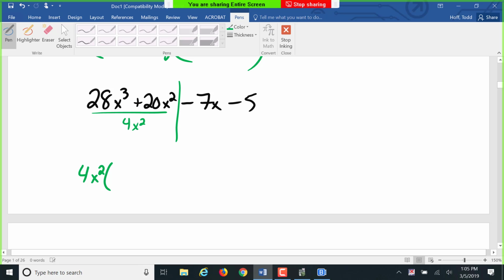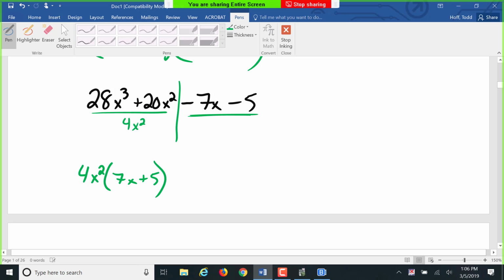Perfect. So I'm going to divide out 4x squared. What am I left with? Let's see, 7x plus 5. 7x plus 5. Good.